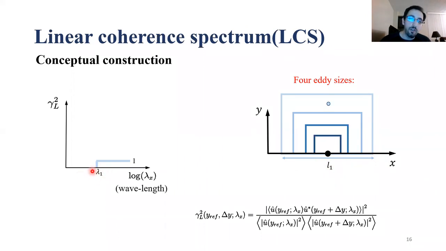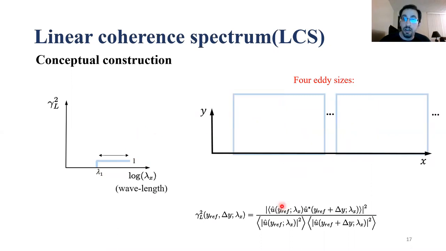For wavelengths smaller than lambda 1, because the largest eddy doesn't have any energy, the coherence is 0. And for wavelengths greater than lambda 1, we have some finite coherence. Now this coherence can have a finite value up to very large wavelengths, and that's because of the repetition of these eddies in the streamwise direction.